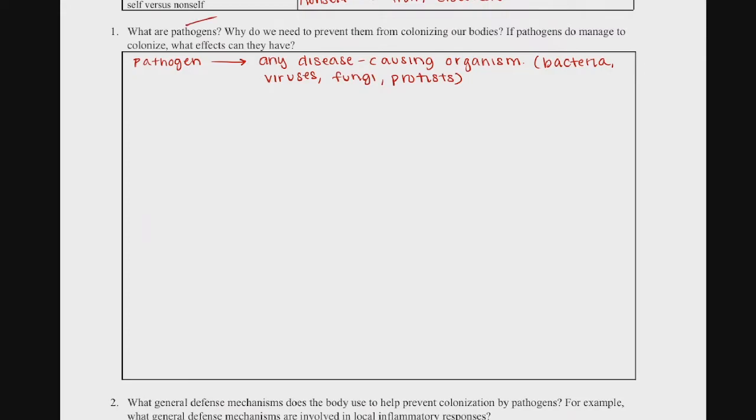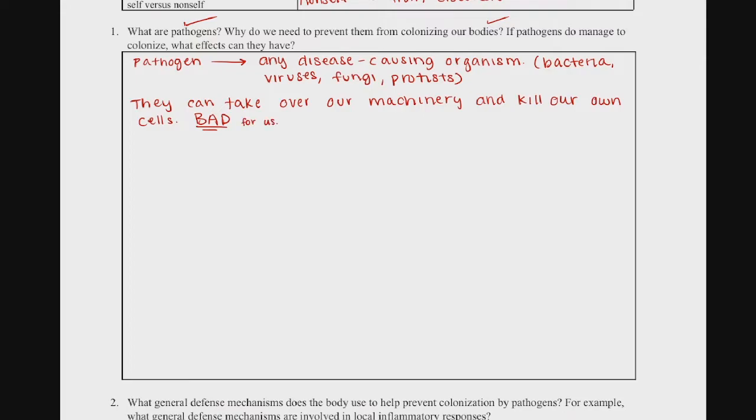So we've answered what pathogens are and why we need to prevent them from colonizing our own bodies: because they can take over our machinery and kill our own cells, and we don't want that. I'm just going to put bad for us, because it's obviously good for the pathogen.